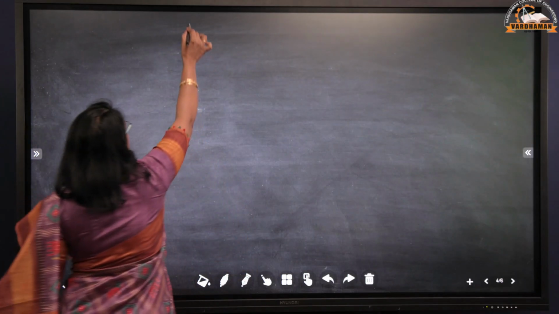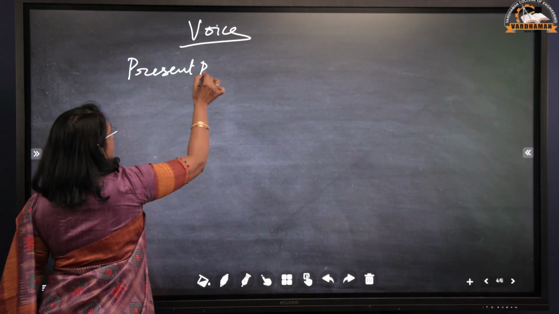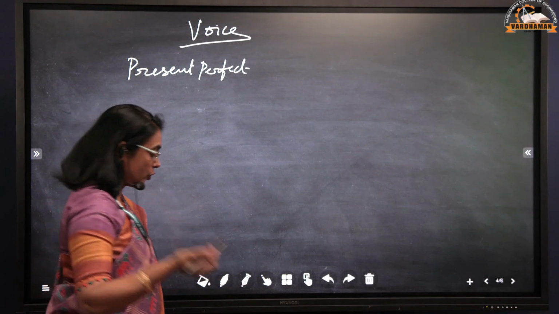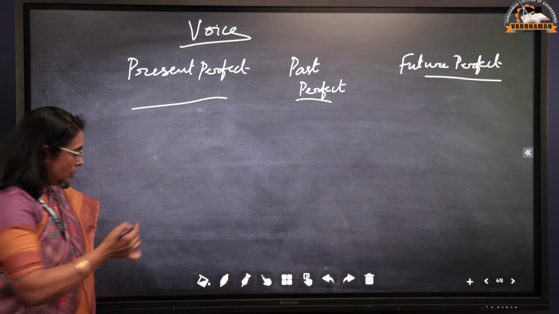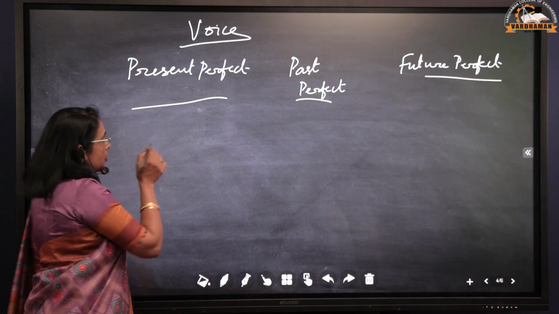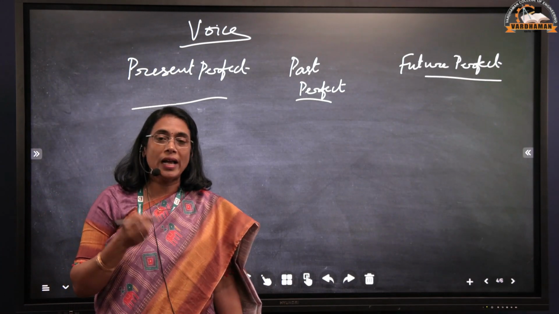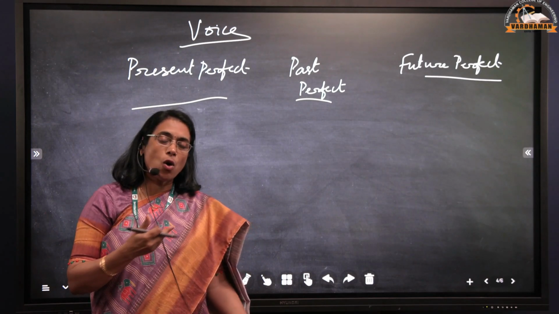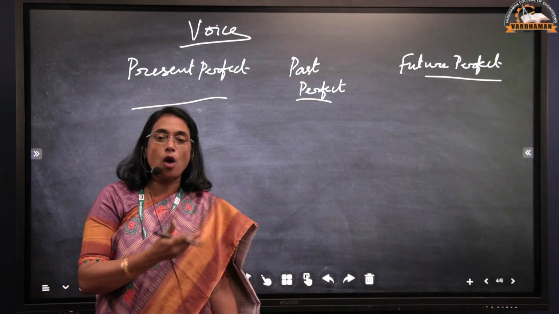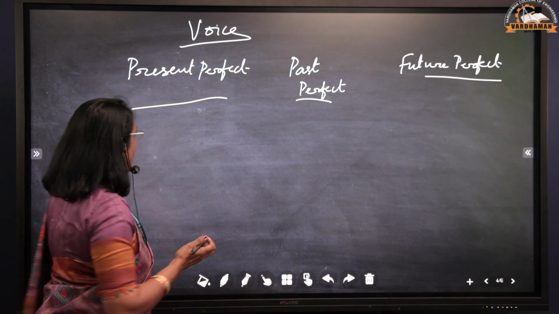And the next one is present perfect, past perfect and future perfect. So here only difference is helping verbs. In present perfect we use a helping verb either have or has followed by V3. Past perfect we use had plus V3. And in all these perfect tenses, the common thing is that V3 form, that is past participle of the verb.